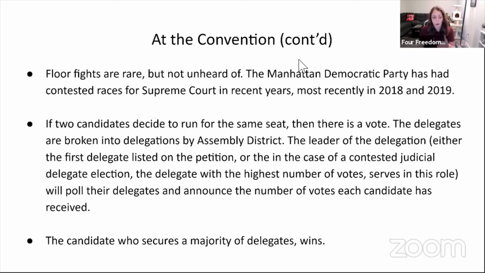The delegates are broken into delegations by assembly district, and the leader of the delegation then polls their delegates and announces the number of votes each candidate has, and those votes are counted, and ultimately whoever has the most votes wins. So we don't always know exactly how it's going to play out. I've seen these contested races happen in the last couple of years. It adds a little bit of excitement. But it does happen, and it has happened in recent years. And ultimately, the candidate who secures a majority of delegates wins the nomination, and that ultimately is the process.